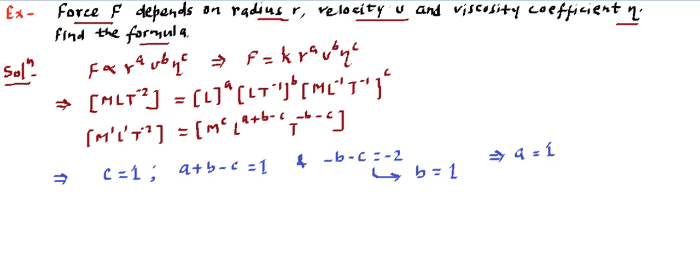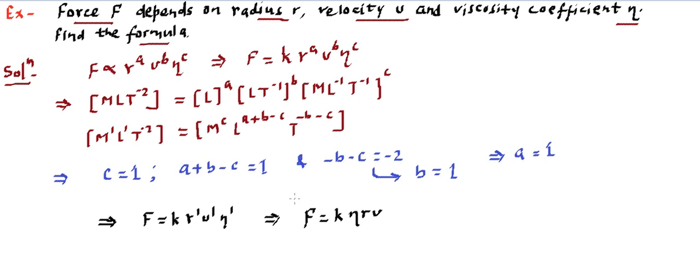Since we are getting a, b, c as 1, 1, 1, the formula from this analysis is going to be f is equal to constant and r raised to power 1, v raised to power 1 and eta raised to power 1, which we can write as f is equal to some constant into eta r v. So this is what the formula ultimately becomes.